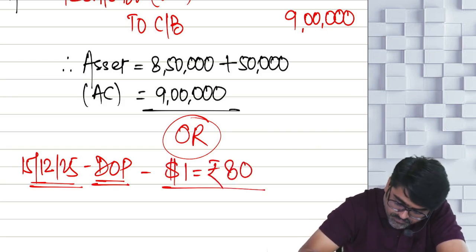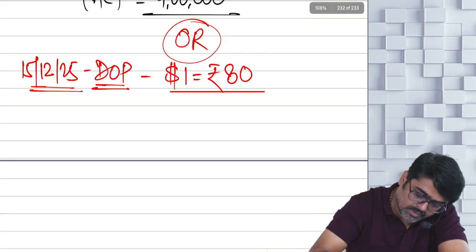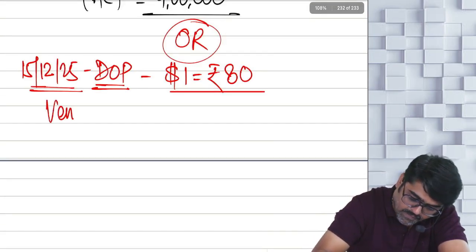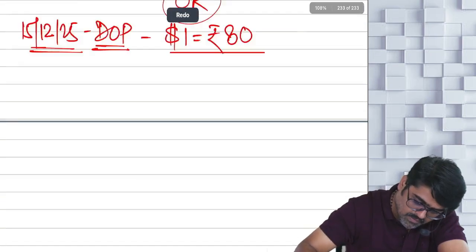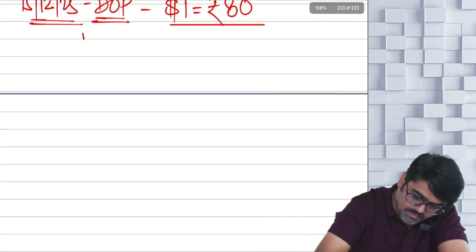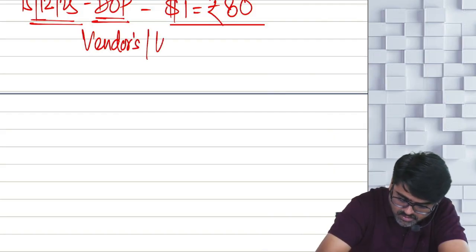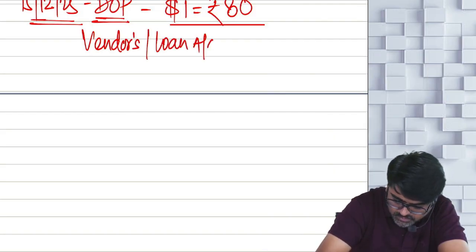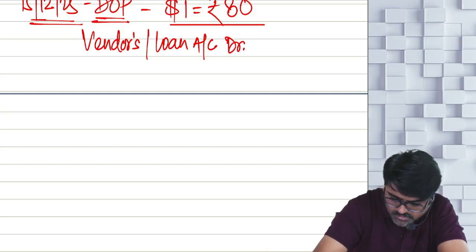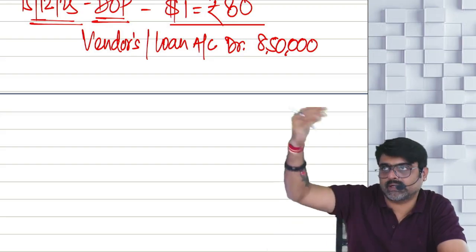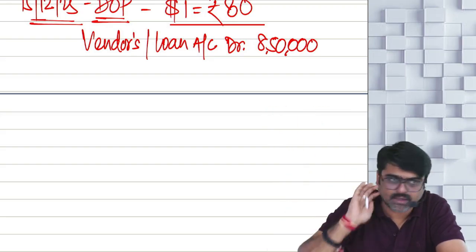Now, tell me, what entry are you going to pass? Vendor's account or loan account debit. You have shown this amount at 8 lakh 50 in your books. So credited by 8 lakh 50, debited by 8 lakh 50.